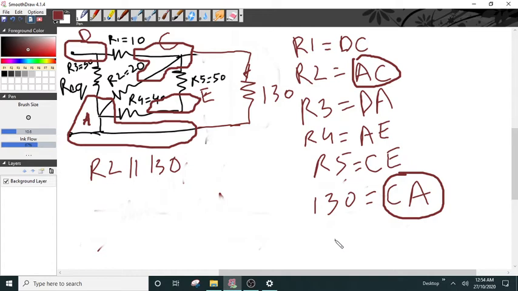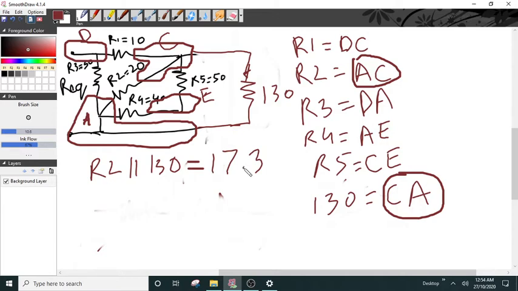So 20 multiplied by 130 divided by 150. So we have 17.3.